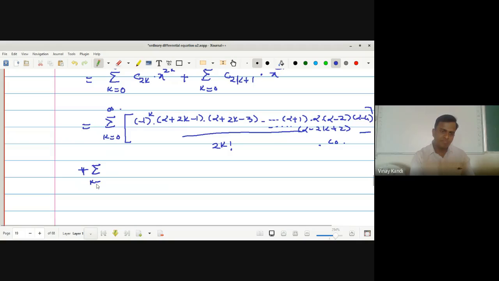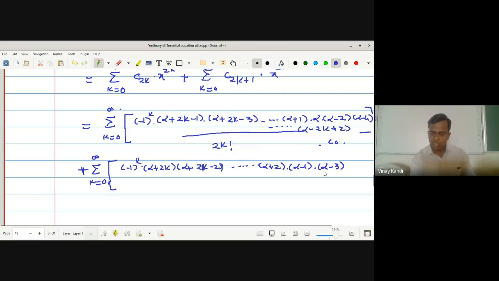summation k running from 0 to infinity of c2k plus 1, into bracket minus 1 raised to k into alpha minus 1, alpha minus 3, and so on up to alpha minus 2k plus 1, divided by 2k plus 1 factorial, into c1.